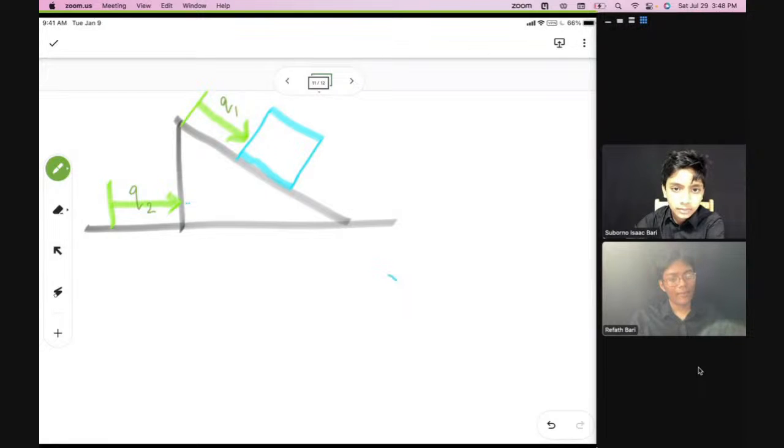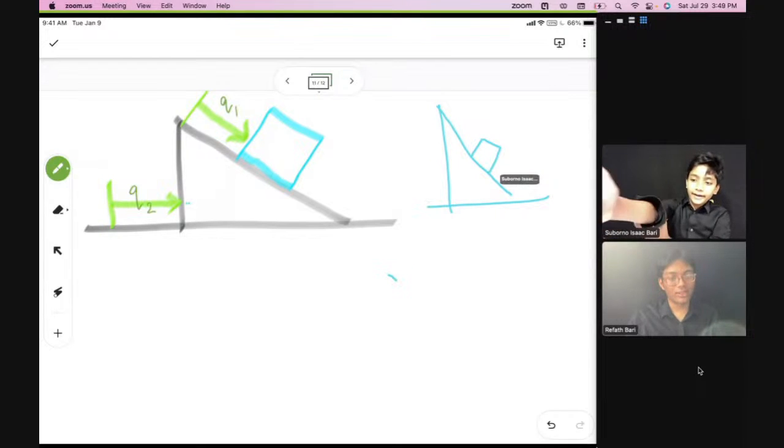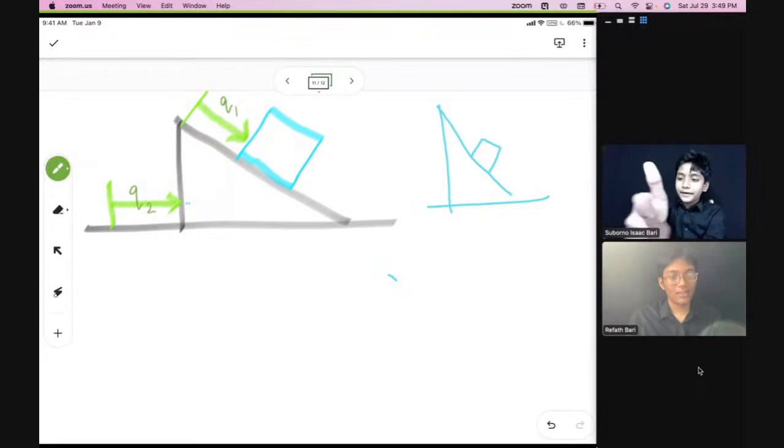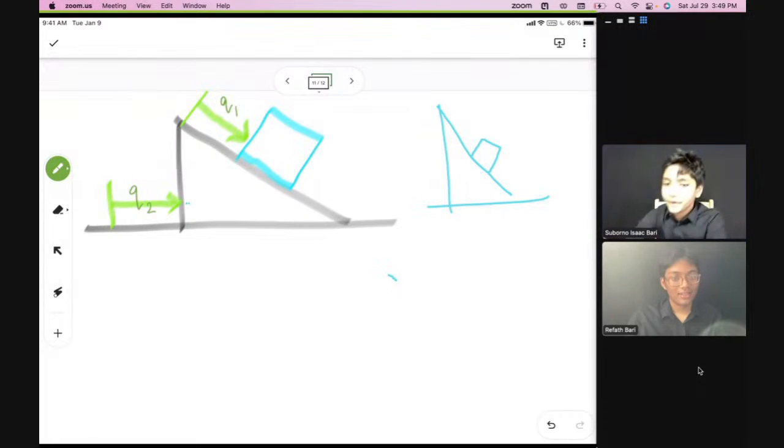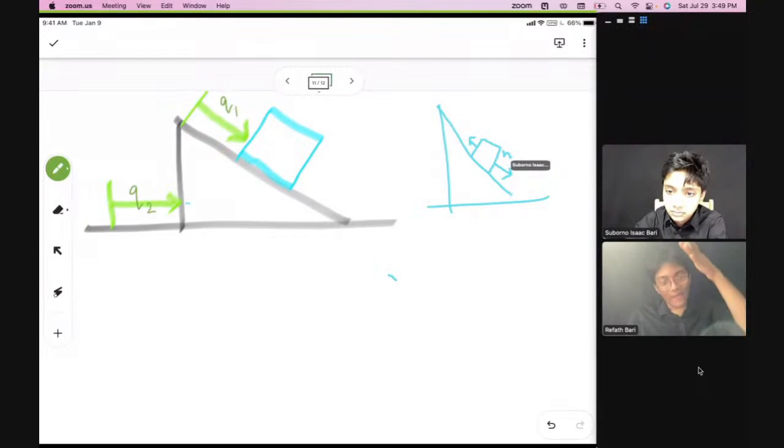Let me draw that. But in this problem, I just want to mention we don't have any friction because, to be honest, I don't know how to do Lagrangian mechanics with non-conservative forces. But the answer to your question, Mr. Roy, is yes. If the gravitational force pulling it down is greater than friction, then the box should accelerate.